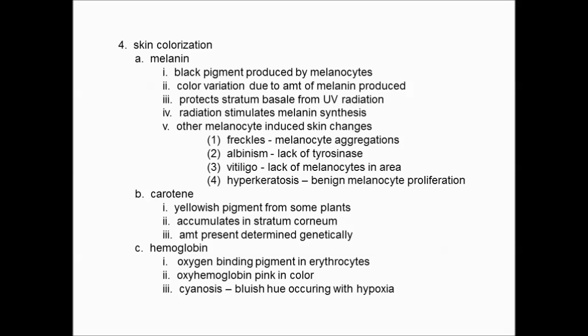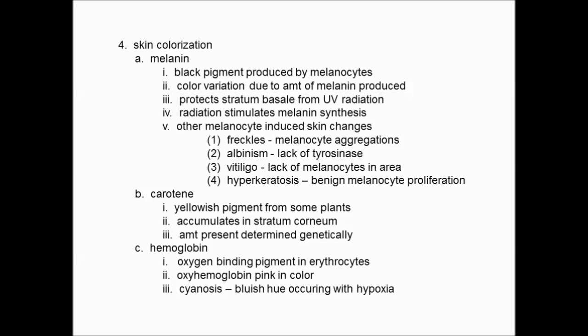The second contributor of skin color, at least in the way I set up the outline, is keratin. Keratin you've probably heard of before. It's a pigment that's in plants, a yellowish pigment that gives carrots and peppers and other vegetables their color, and it's the exact same sequence of amino acids.